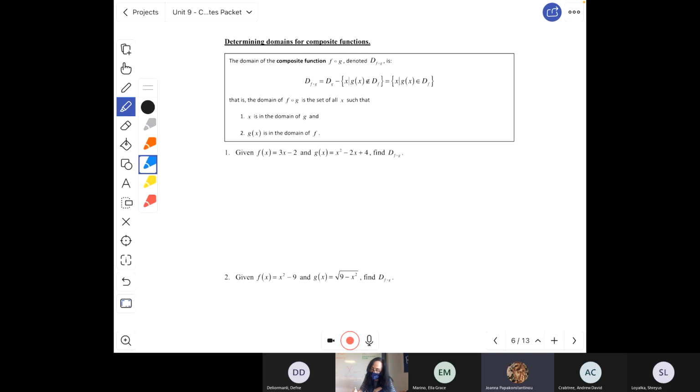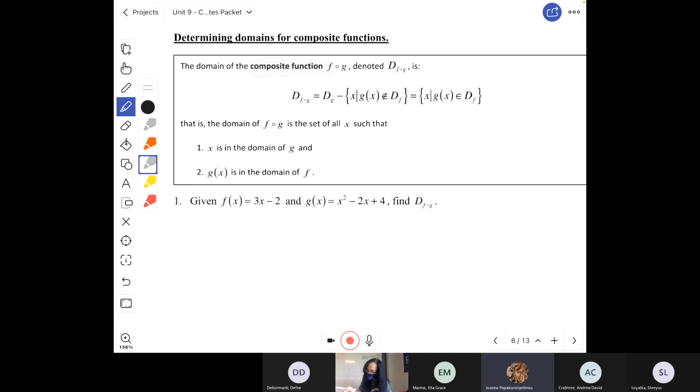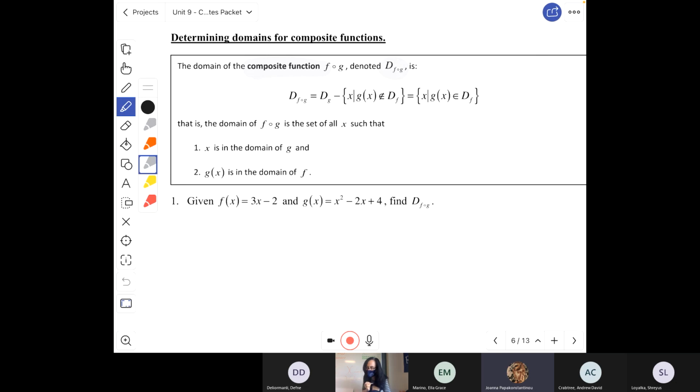How on earth am I going to determine the domain of the composition? The domain of the composition f of g is just the domain of g, the domain of the input, right?